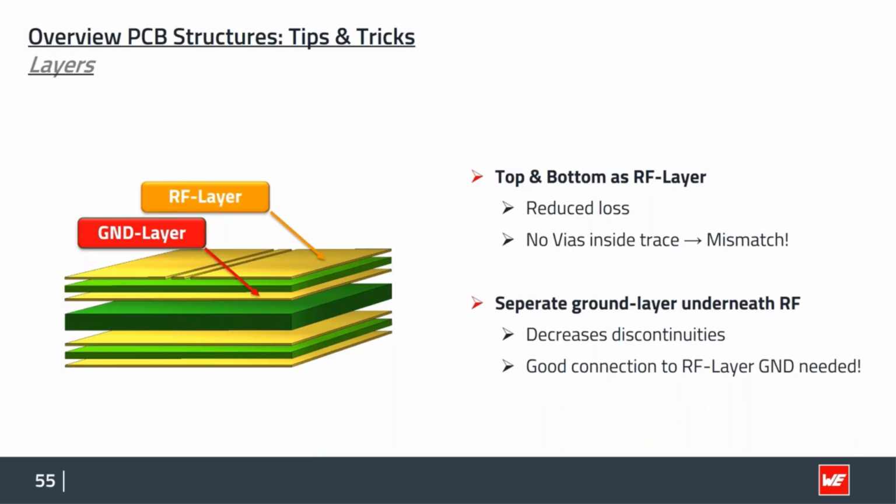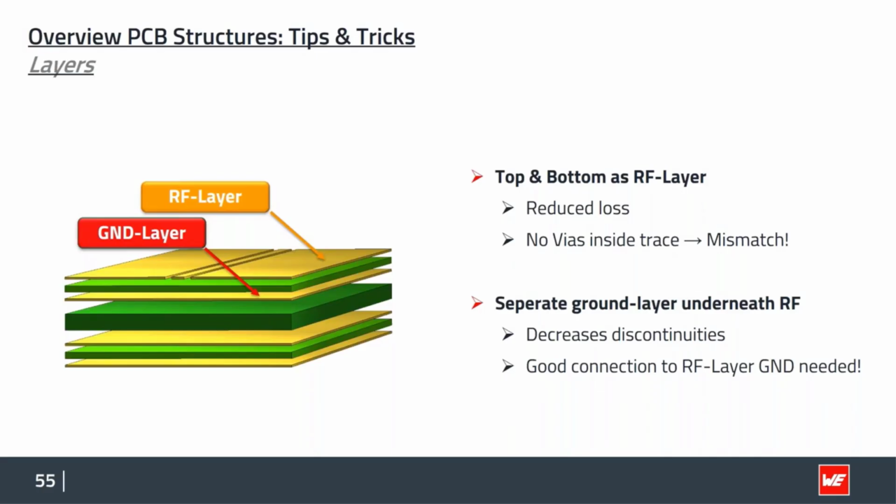Then it's of course helpful not to place vias inside the trace of the transmission line, because this will create a mismatch as it's not even anymore. You have geometrical changes, which is not good. So these are the basic rules you should focus on to allow a good signal transmission.